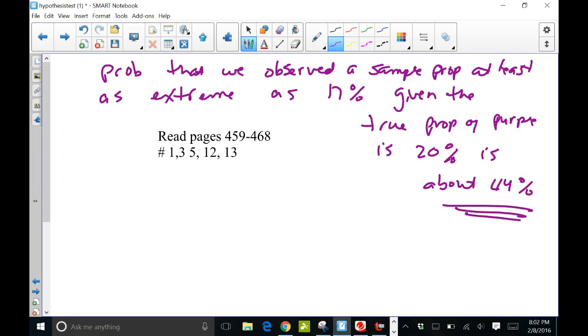That's an awful lot. So we're not saying that it's unusual, and we're saying we don't have evidence to reject the null.